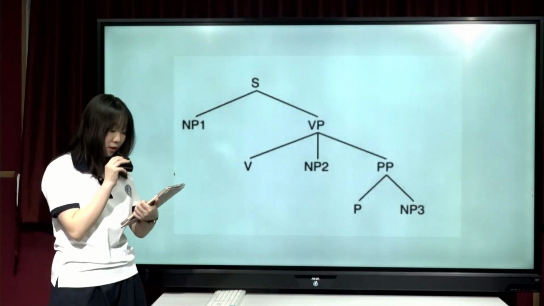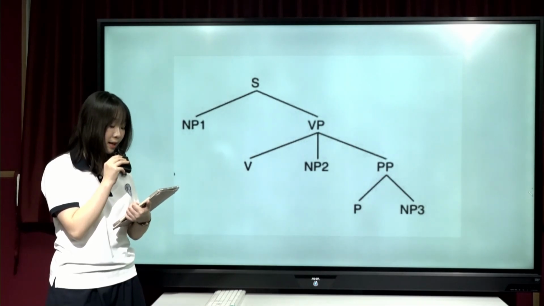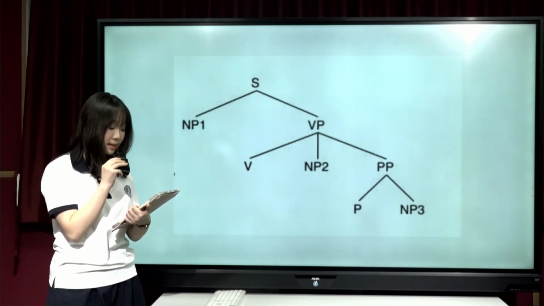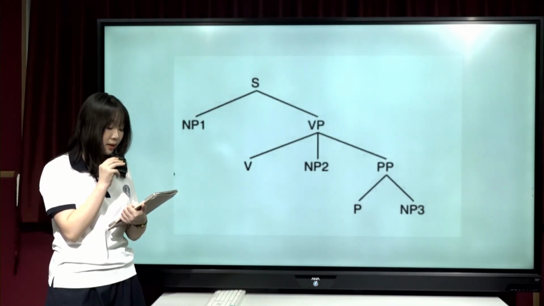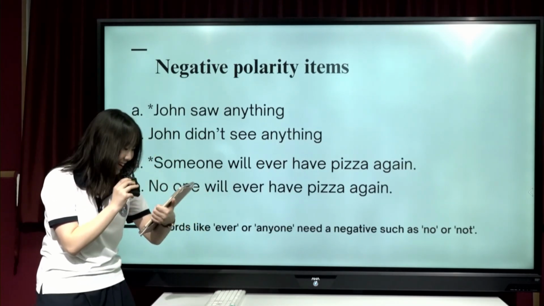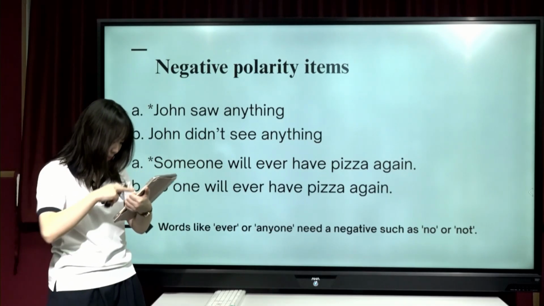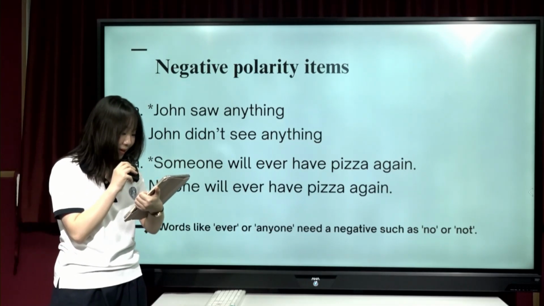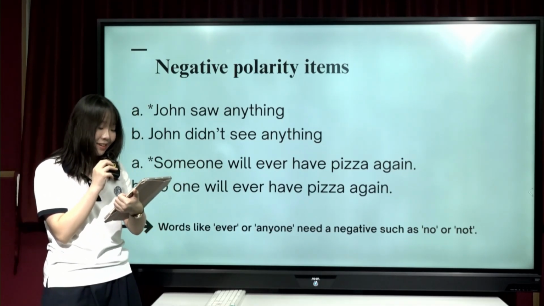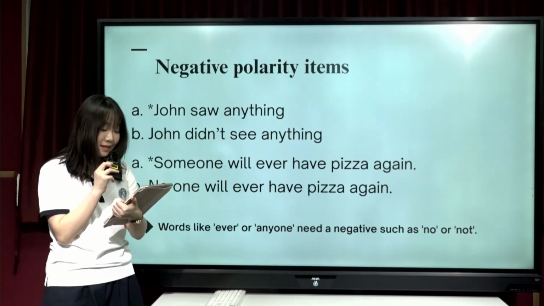And then I will talk about negative polarity items. Negative polarity items, or NPIs, are words such as ever and anyone. They are called negative polarity because they typically require a negative trigger in order to appear naturally in a sentence.